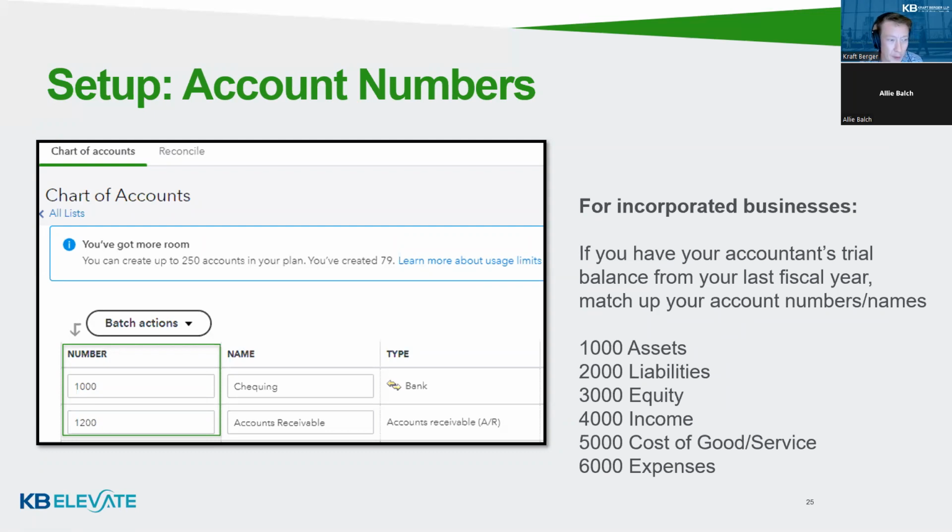And you may find some value in this because, at any moment when you're allocating a transaction, you'll know, hey, 4,000 here, that's income. So you'll probably even start to remember the account codes, and that might even help you fly through a little bit more quickly. But I mention it here because it helps to ease the flow between yourself and your year-end accountant, and then back again when you get those adjusting journal entries.